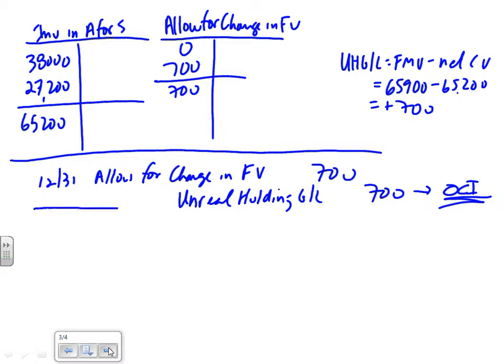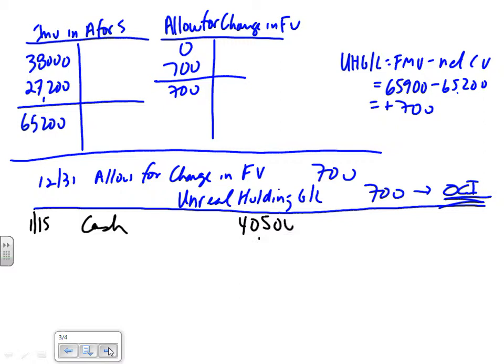But now, right, and this is the key part of this, I sell 500 shares of Carroll for $81 a share. And this is the part that is a little bit tricky for available for sale. So on 1/15, when I sell those securities, I get cash of $40,500. Remember, it was the $81 times the 500 shares of Carroll.